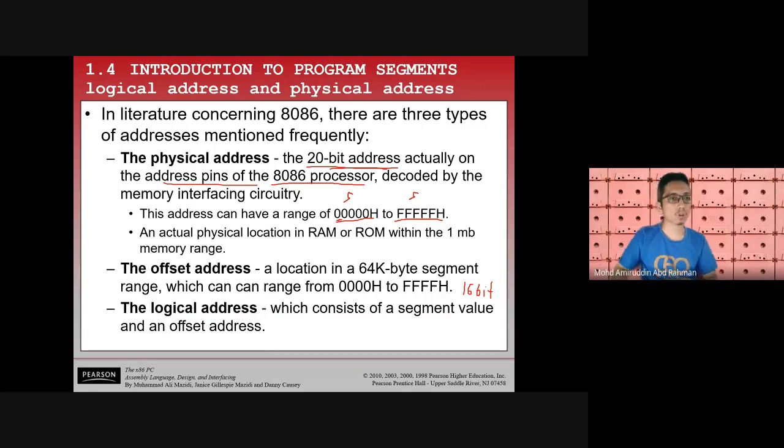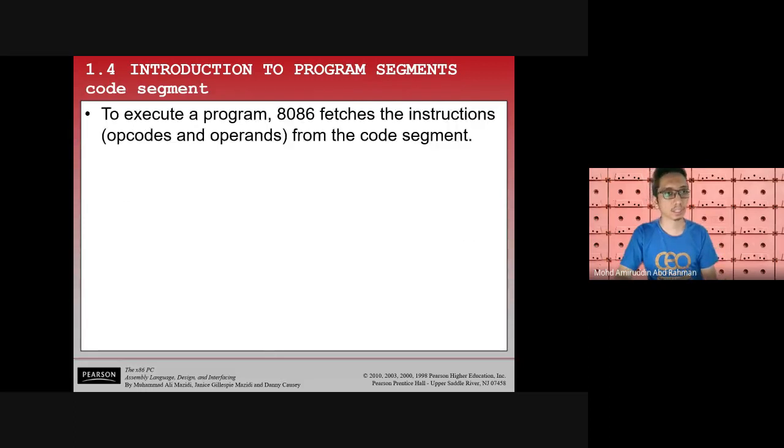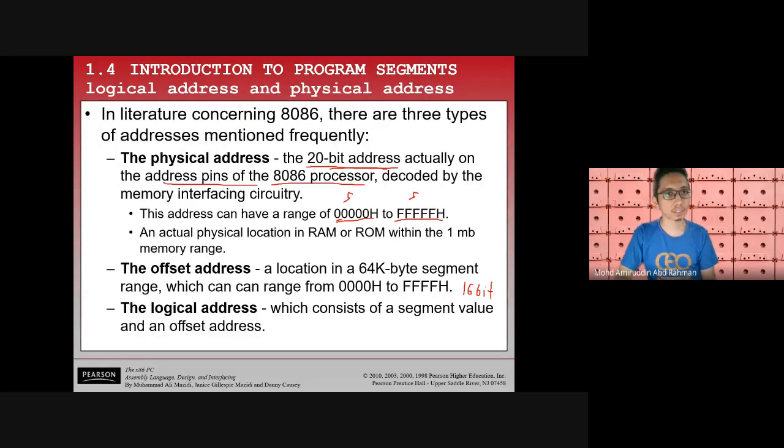We also have the logical address, which consists of a segment value and an offset address. So we have 3 types of address in the 8086: the physical address, the offset address, and the logical address.